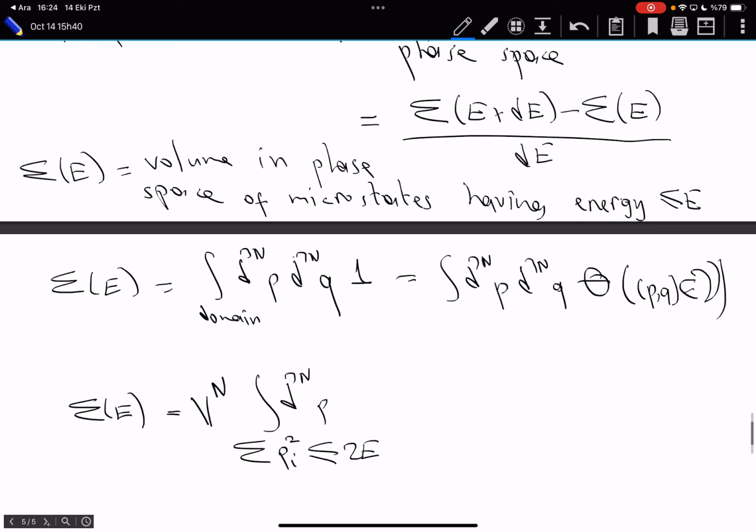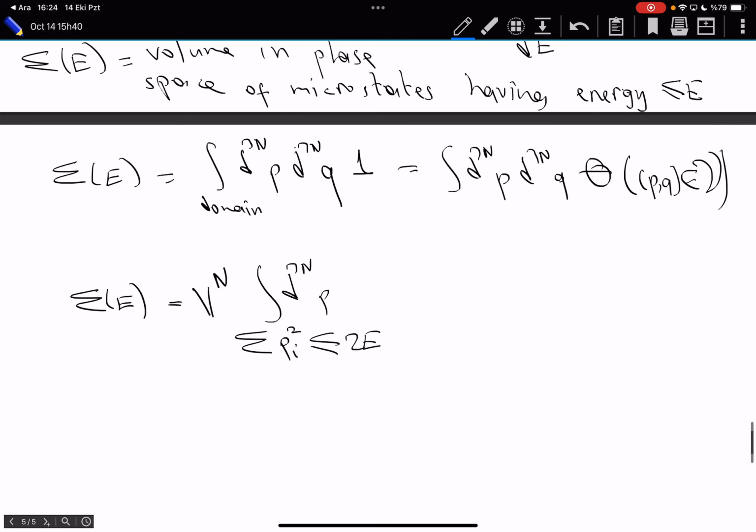So any questions up to here? This p is the one with the bar elements, right? Yeah.